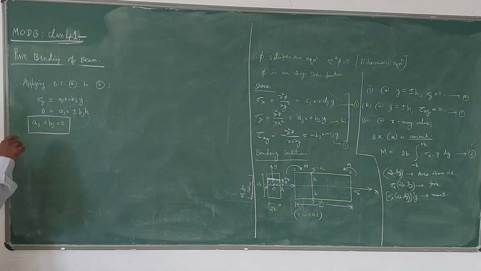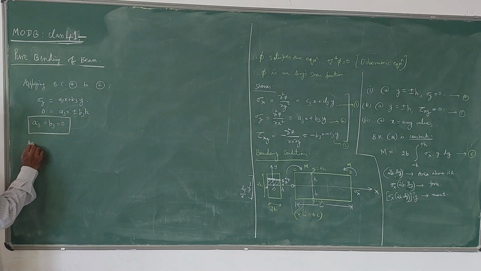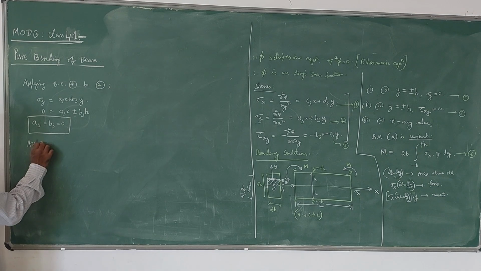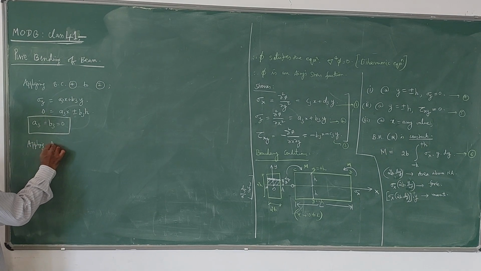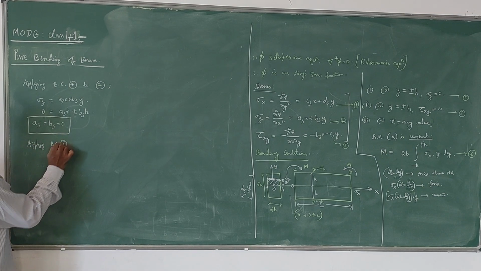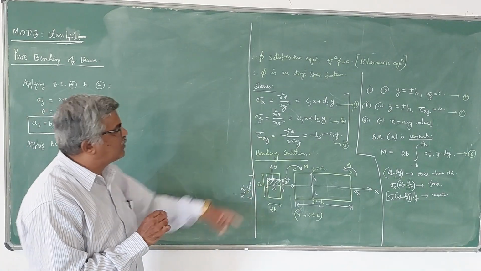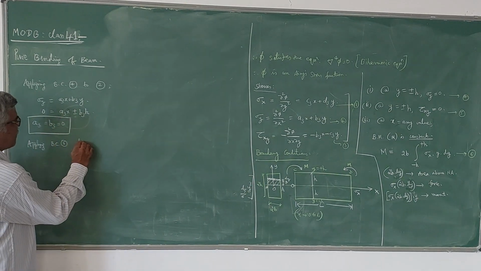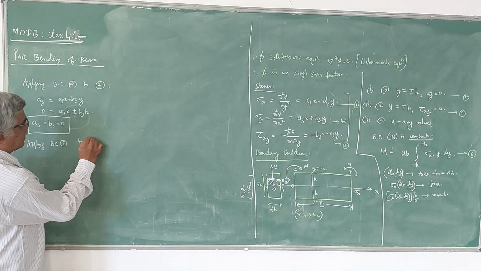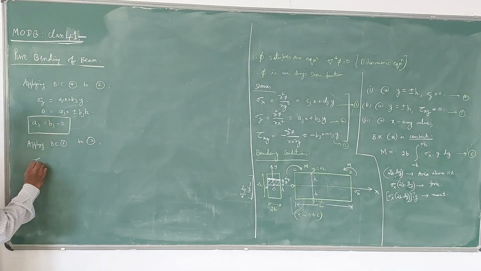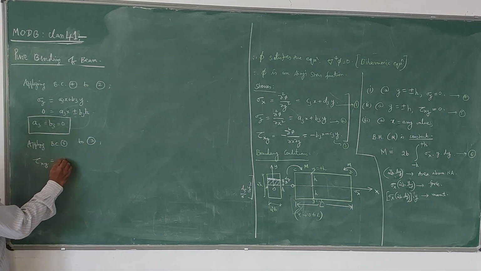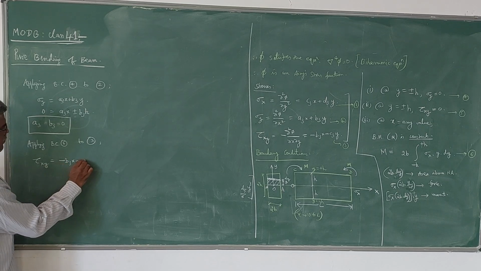Therefore a3 and b3, both of them should be 0. Now second, applying boundary condition 5 to 3, tau xy is equal to minus b3x minus c3y.